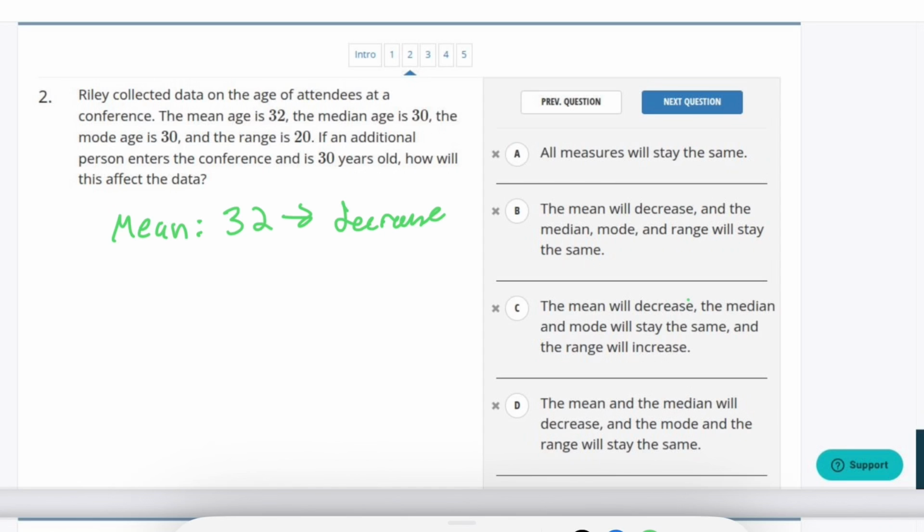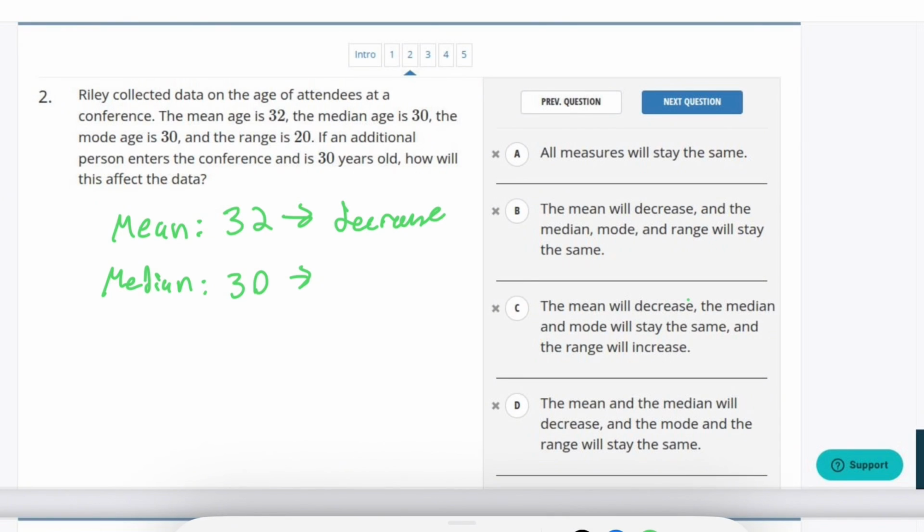Next, we have median. Median is 30. So median, it doesn't matter, since the person that is added is also 30 years old and the median was 30. So it will stay the same.